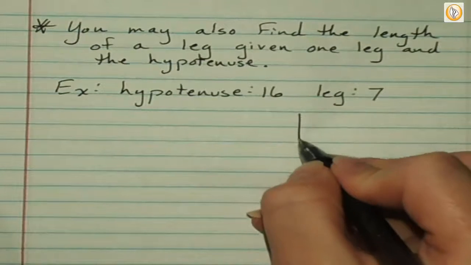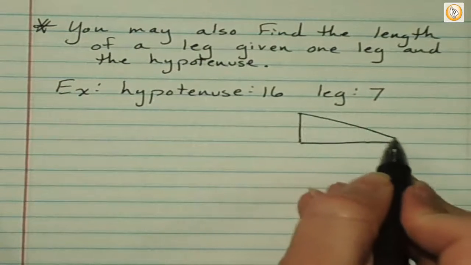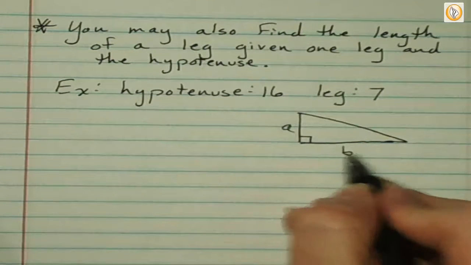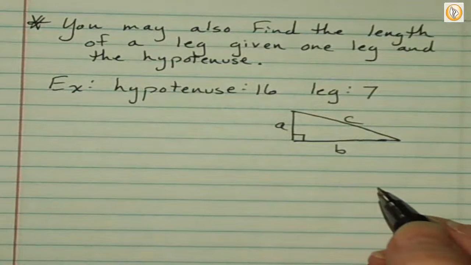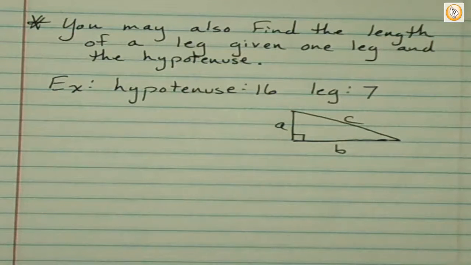So, for example, like I said, I always tell my students in the beginning to draw their picture. I have A, B, and C. Oh, yeah, because they're both squared, but if it was like a to the third power times b to the second power. Exactly. You nailed it. Because it's a squared plus b squared, it doesn't matter if you switch the numbers.